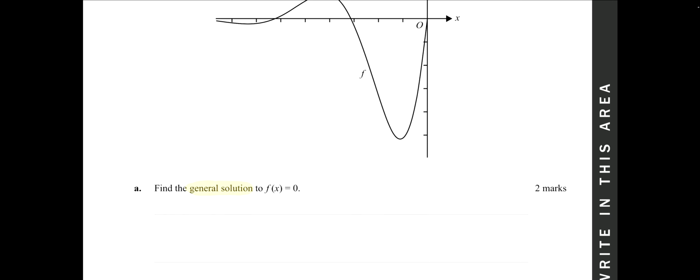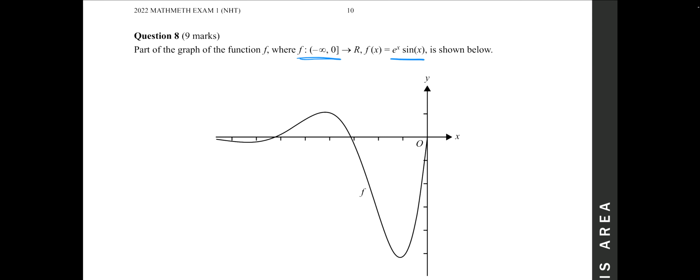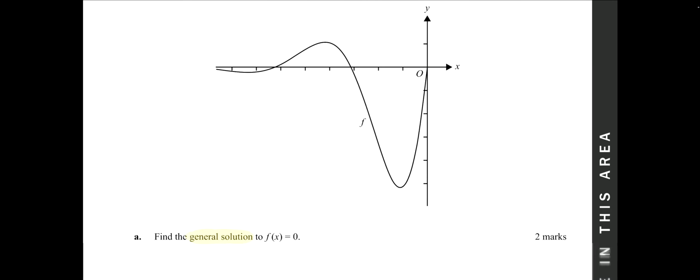And that makes sense because this graph will actually have infinitely many x-intercepts. So it has an x-intercept, of course, at 0, it has one here, it has one here, and it'll keep having x-intercepts all the way to the left as you go more negative. So that's something to keep in mind. We want a general solution rather than some specific solutions.